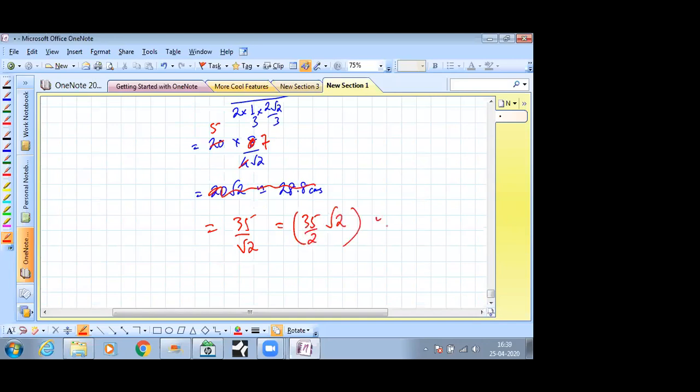So that I'll tell you how much it is approximately. 17.5 into 1.4 approximately. Yeah, so that will come approximately 24.5. That is just the value of x alone. Now we still have to find the value of y over there. So I'm coming to that. So thanks Ashwin for that correction.